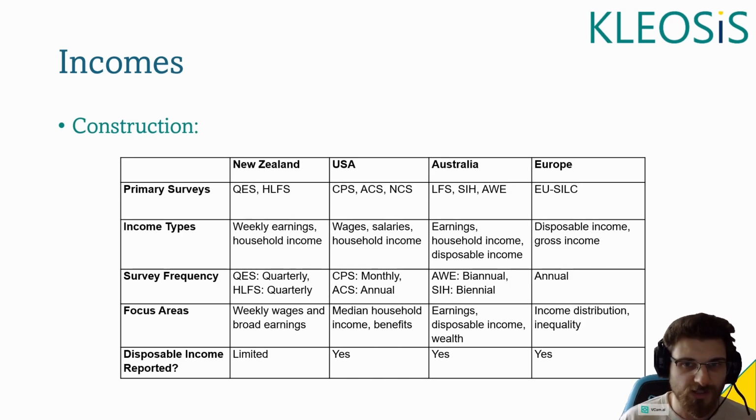And that was really interesting, and it was really helpful for policymakers and other researchers. Since 2018, that survey has not been produced and not been collected anymore, and so that's a bit regrettable. But for the US, Australia and Europe, all those areas have some sort of survey or official statistic for tracking disposable income.